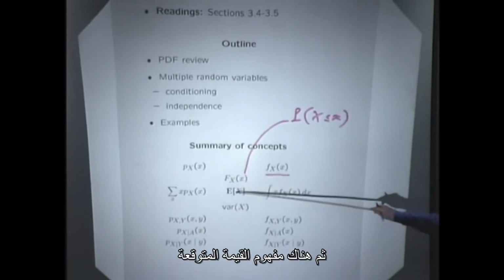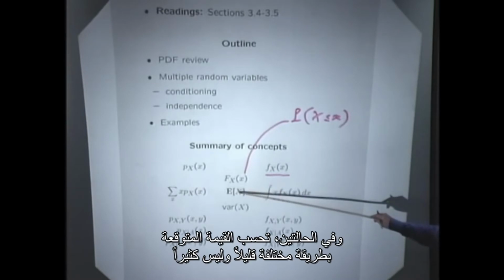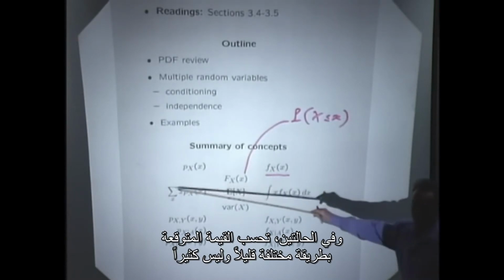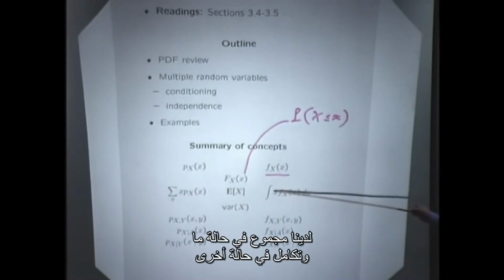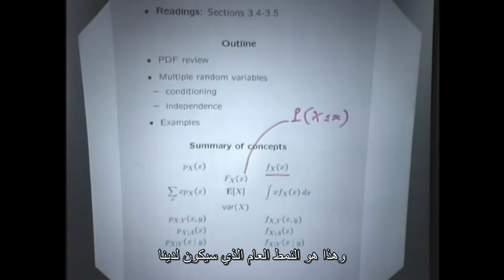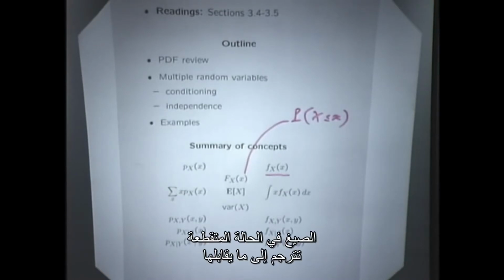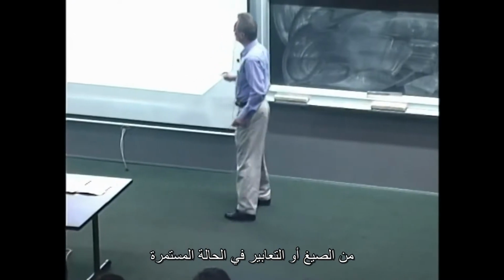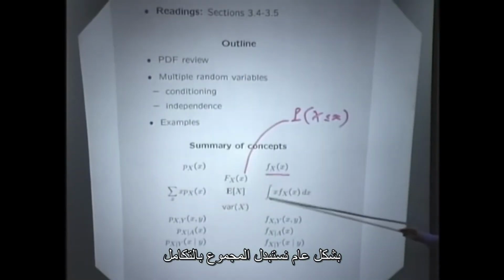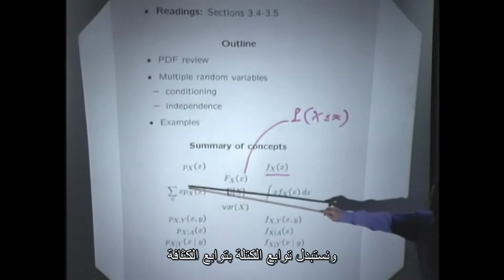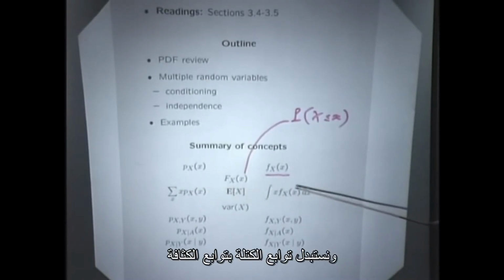Then there's the notion of the expected value. And in the two cases, the expected value is calculated in a slightly different way, but not very different. We have sums in one case, integrals in the other, and this is the general pattern that we're going to have. Formulas for the discrete case translate to corresponding formulas or expressions in the continuous case. We generically replace sums by integrals, and we replace mass functions with density functions.